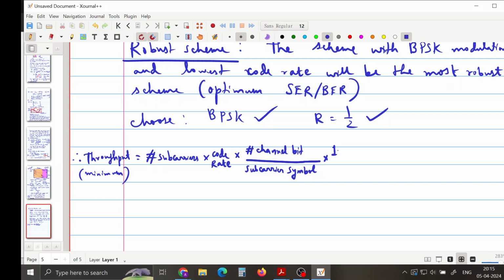So one subcarrier symbol divided by duration of one OFDM symbol.